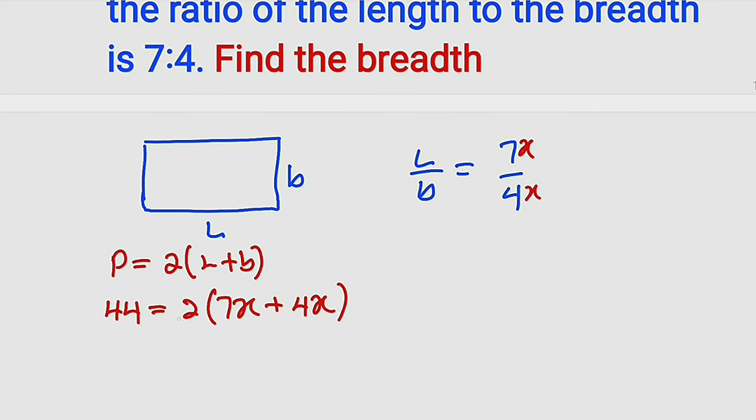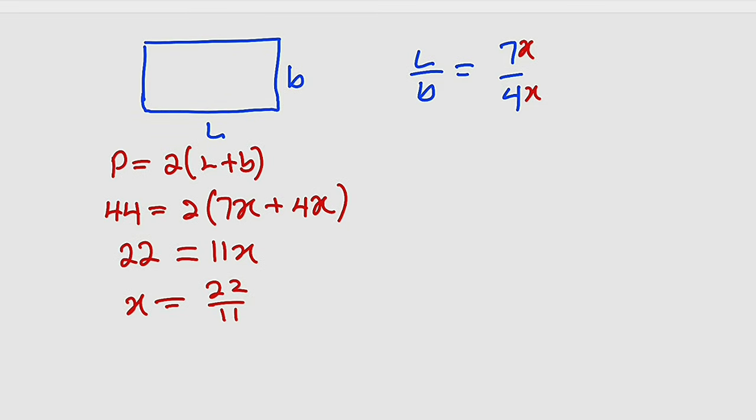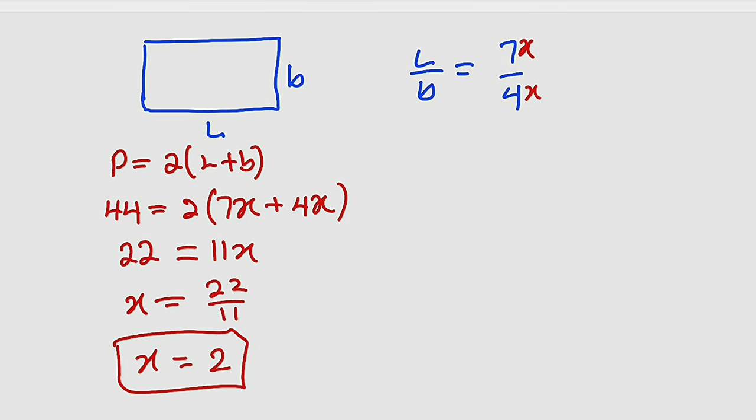You divide both sides by 2. 44 divided by 2 is 22. This is equal to 7 plus 4 is 11. So we have 11x. And you can divide both sides by 11 to have the value of x. That is 22 divided by 11. And finally, x equal to 2. But x is not what we are looking for.